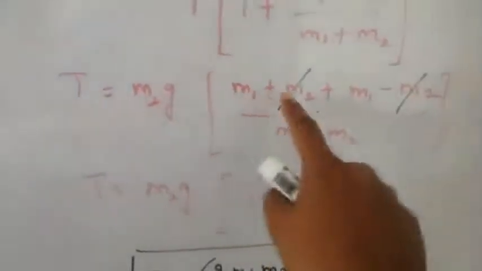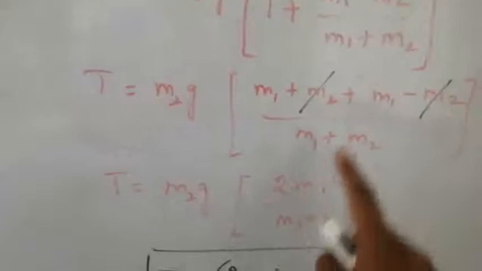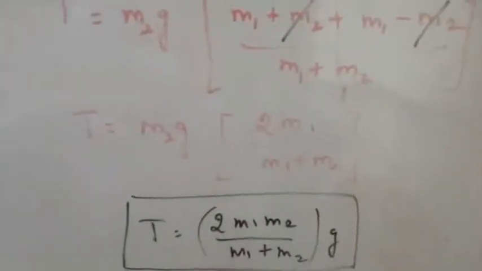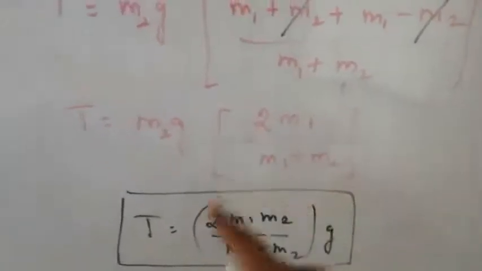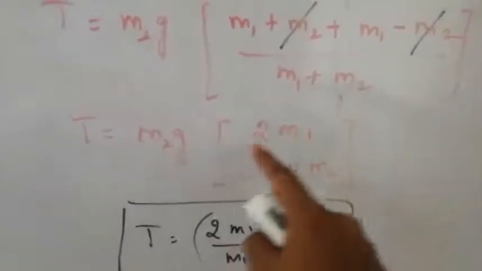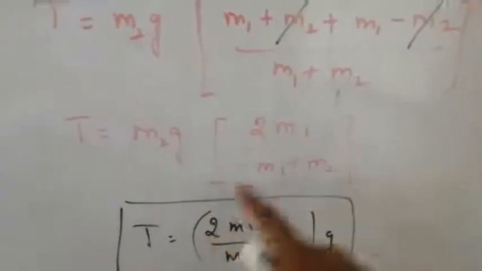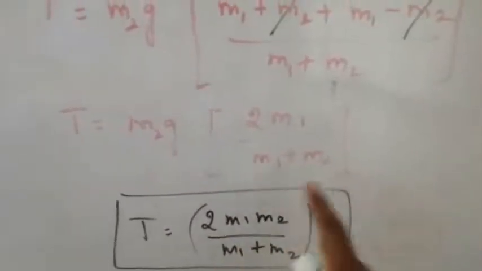Here m1 plus m1, 1 plus 1 is 2, so m1 plus m1 is 2m1, divided by m1 plus m2. So when you join up and write, the tension value is T equal to 2 m1 m2 by m1 plus m2 into g, since it is all multiplication and you can rearrange.